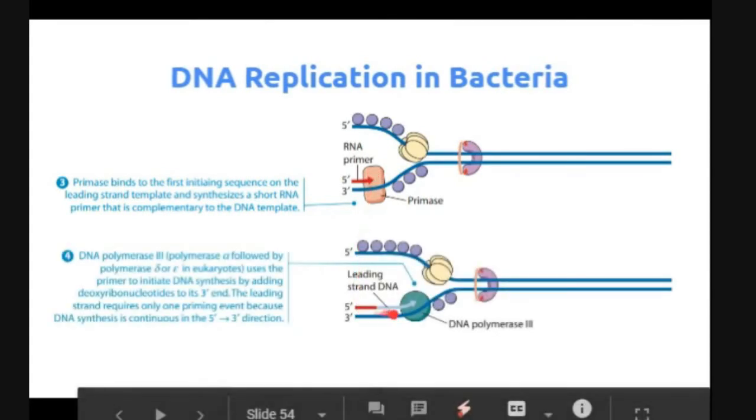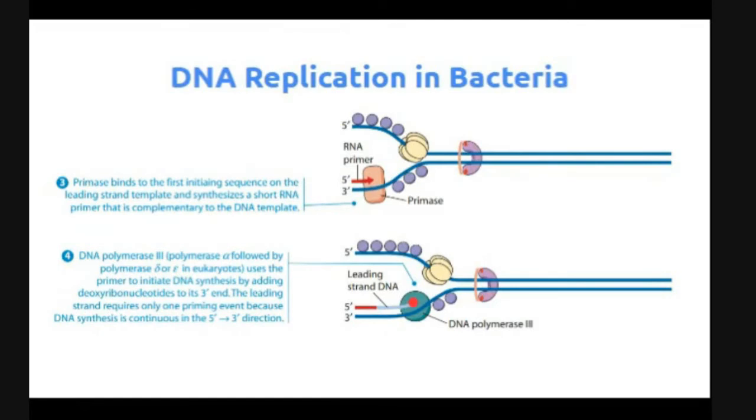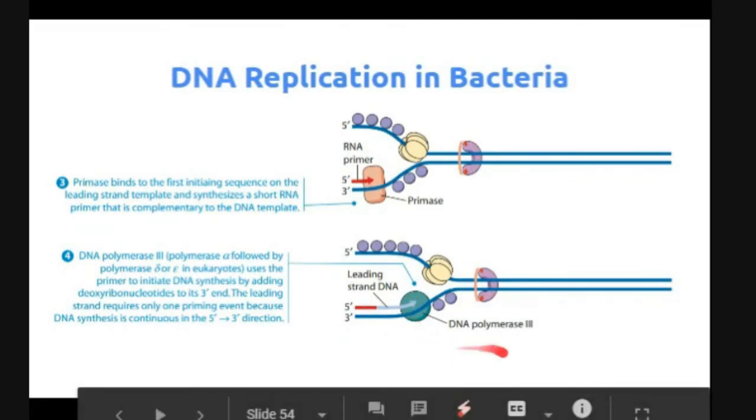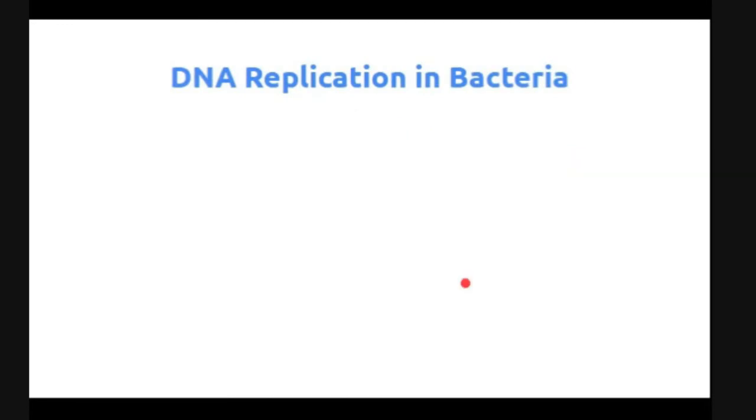And once you have your RNA primer, your DNA polymerase can now add new nucleotide bases in your growing DNA strand. And in the case of bacteria, you use DNA polymerase 3. And this is your leading strand because the DNA synthesis here is continuous and it is towards the replication fork.